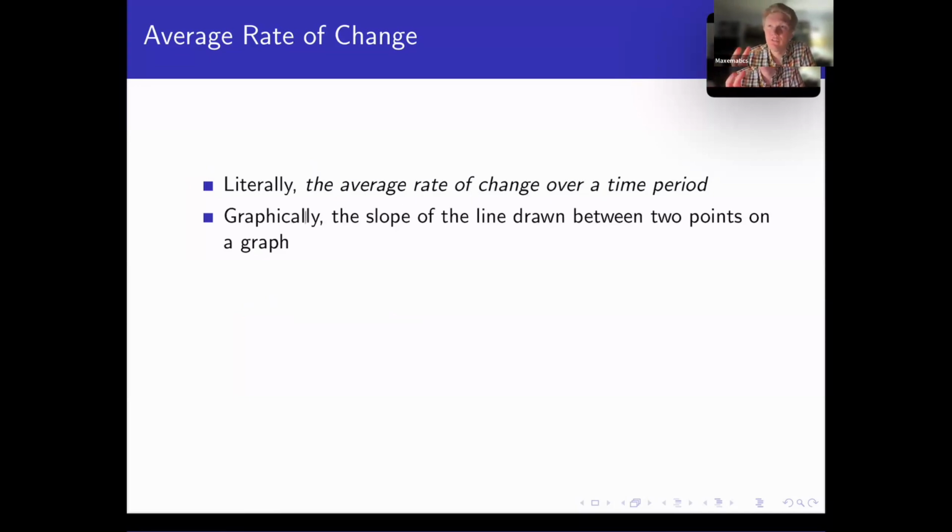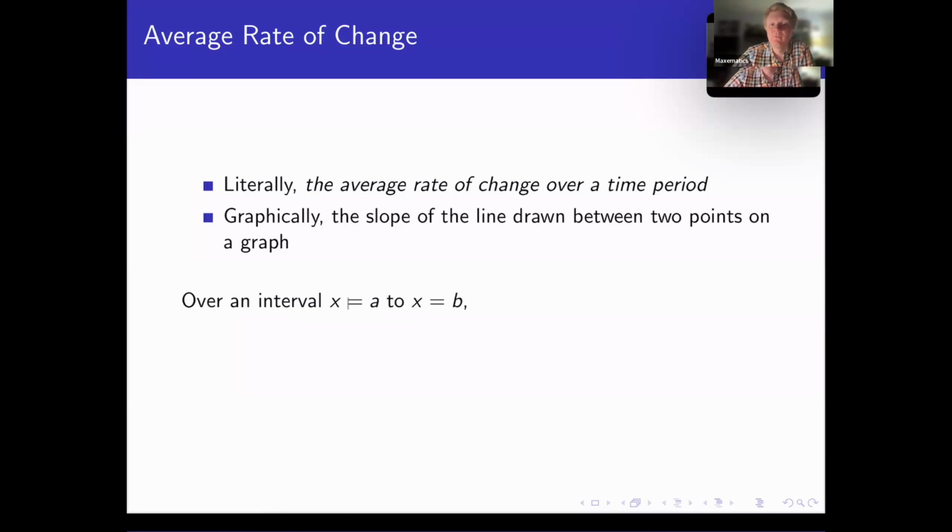Graphically, if you were to draw the slope of the line in between 2 points, that slope would be the average rate of change, right? You have some function over some very specific interval, from some very defined x to some very defined y. If you have those 2 points and you draw a line between them, the slope of that line is the average rate of change.